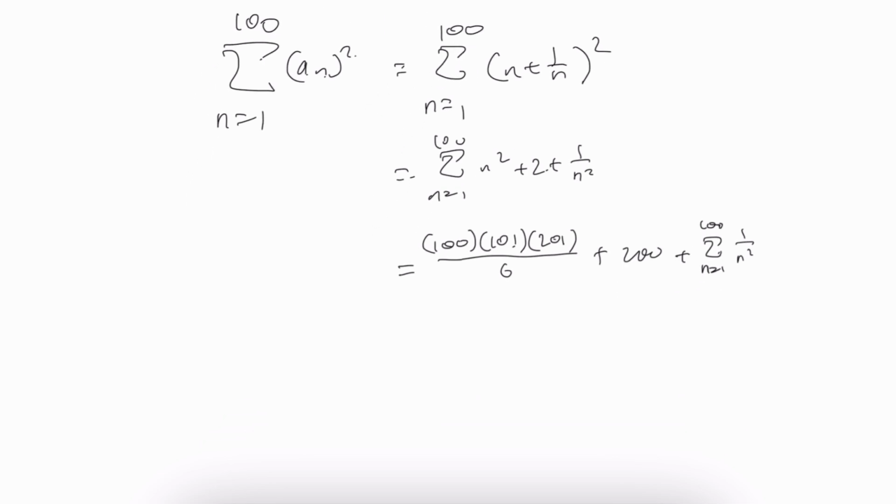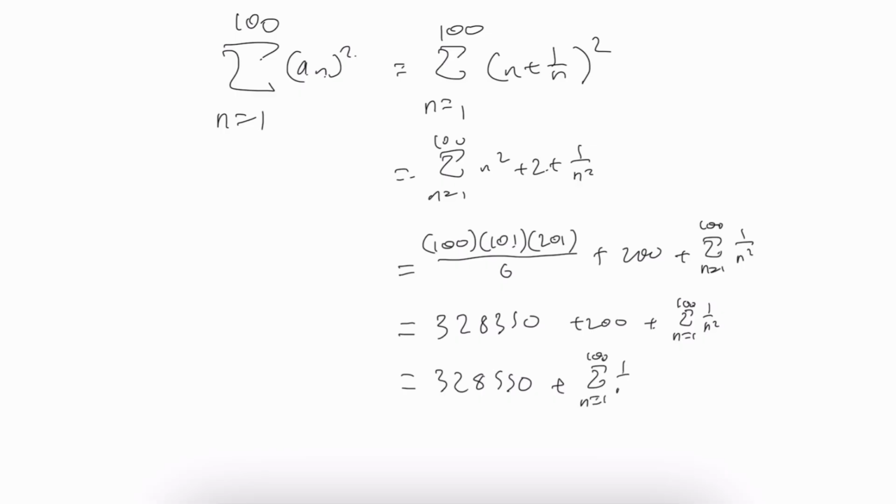And so this first term will come out to 328,350 plus 200, and then again plus this last term, or 328,550 plus this last term.